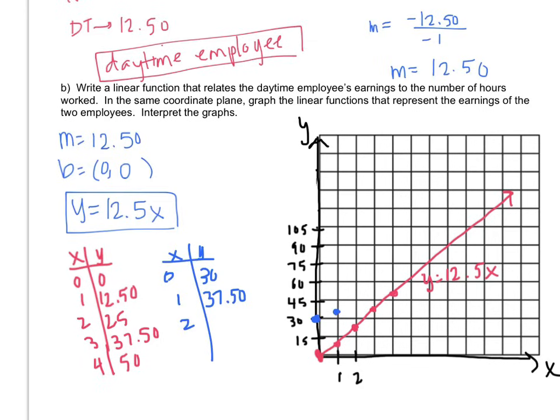Then they make another, so add $7.50 to that, and they make $45. Add another $7.50. Then they're at $52.50. And I'm doing this because the graph doesn't go by the same scale like we saw in that other example. And then they make 60, so that should be good for now.